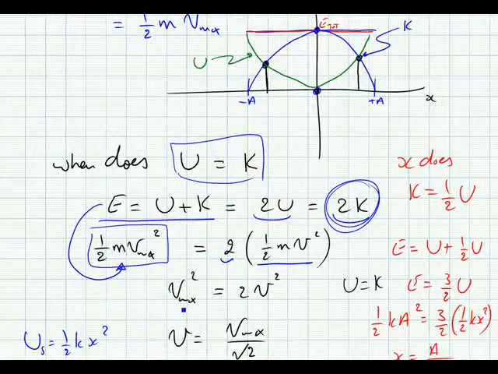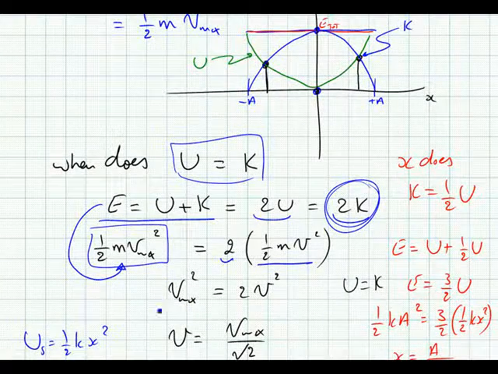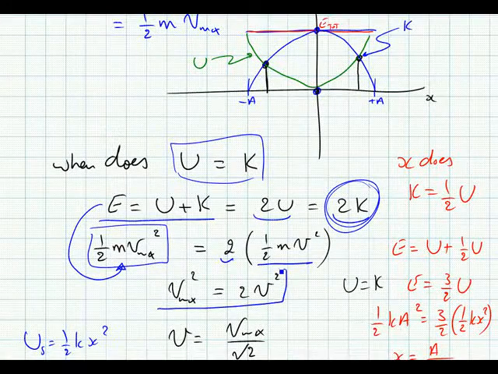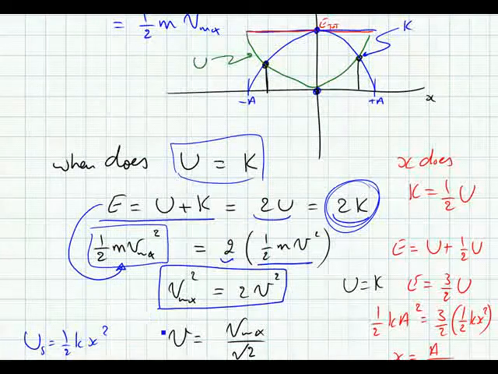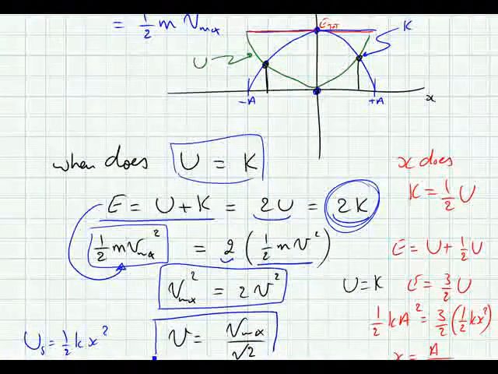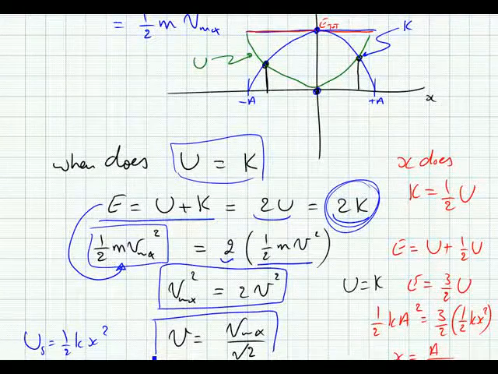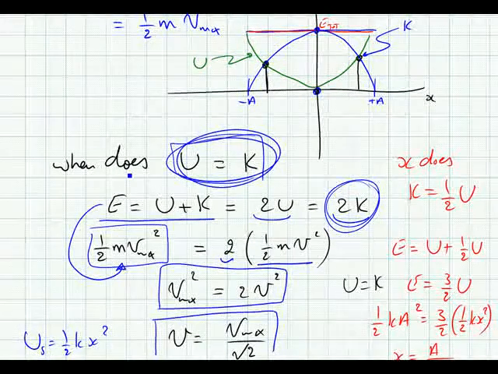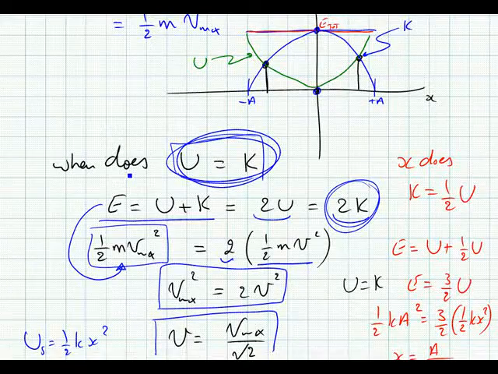Canceling out m's and halves, we end up with v max squared equal to 2 v squared, which gives us that the velocity of the object must equal its maximum velocity divided by root 2 when kinetic and potential energies are equal.